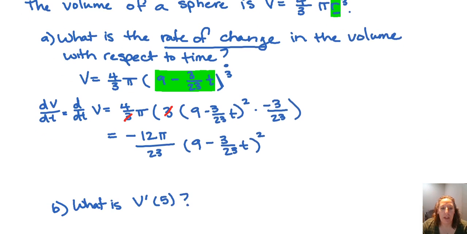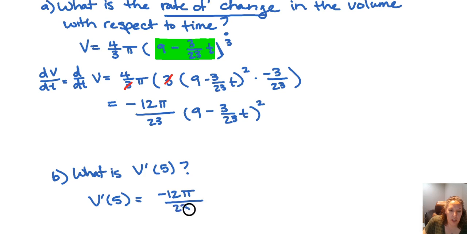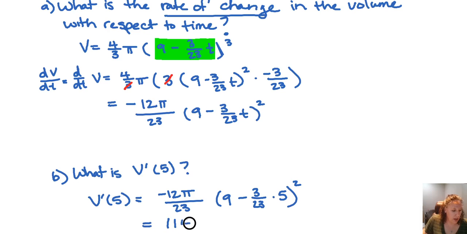All right, part B of this question asks us to find V prime of 5. So V prime of 5 just means we're going to plug in 5 for our t there. And I get the decimal approximation of that to be approximately 114.2.